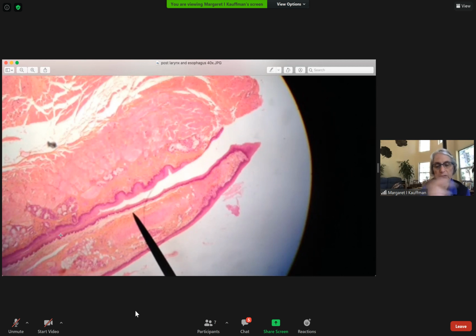Now, if we went even more inferior to this, apparently it opened up again. But how would I know that this is not the epiglottis? Well, first of all, the cartilage isn't as big in the middle, and the glottis is going to be the big opening, right?